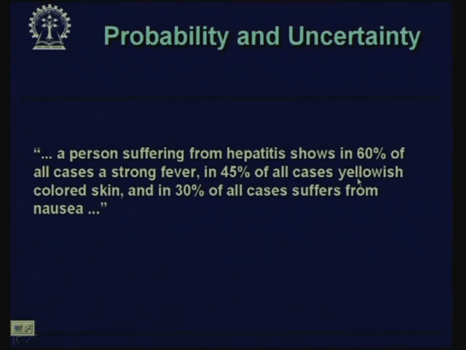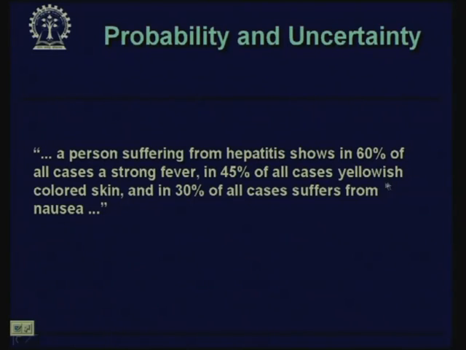In 45% of all cases, yellowish colored skin. What tinge of the skin would you say yellow? Which tinge will you say to be surely yellow? Which one is more or less yellow? Which one is yellowish? So, this term yellowish is again imprecise and vague, and in 30% of all cases they suffer from nausea. So, the symptom nausea is present in 30% of all cases.